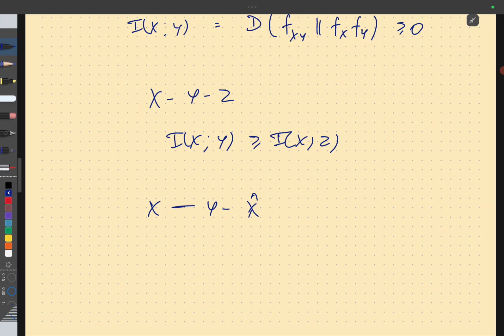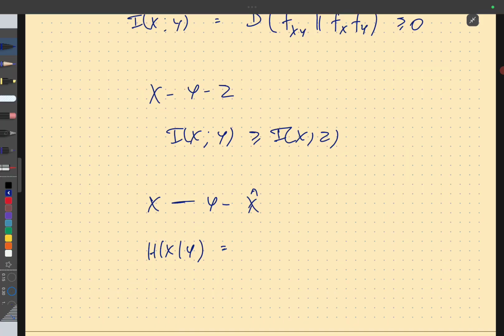But there's no such requirement on y. Y can be continuous, that's fine. So h of x given y, note that even though y is a continuous random variable, x is a discrete random variable. So if you take the joint distribution of x and y, it's a mixture distribution. It's neither discrete nor continuous.